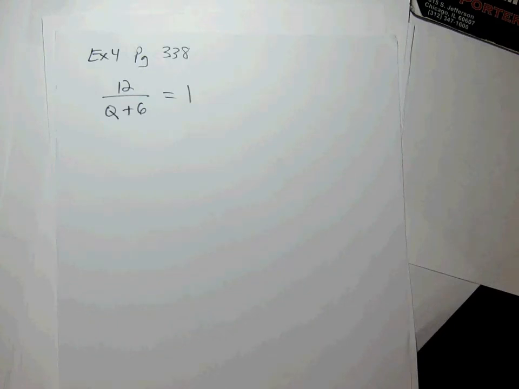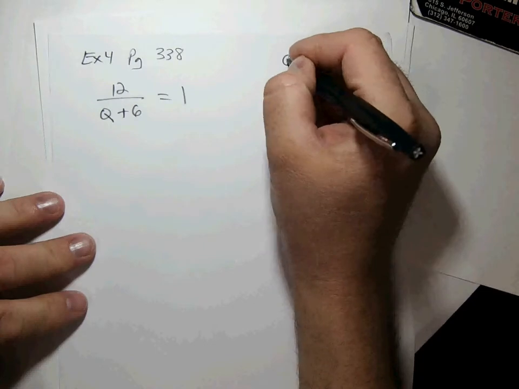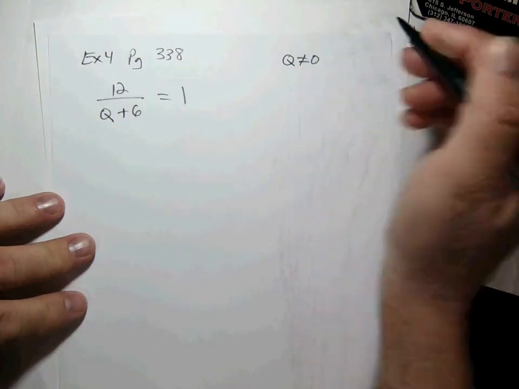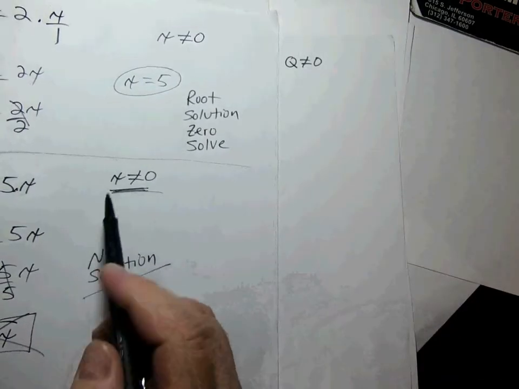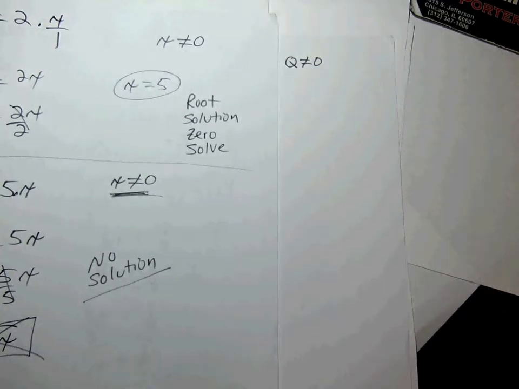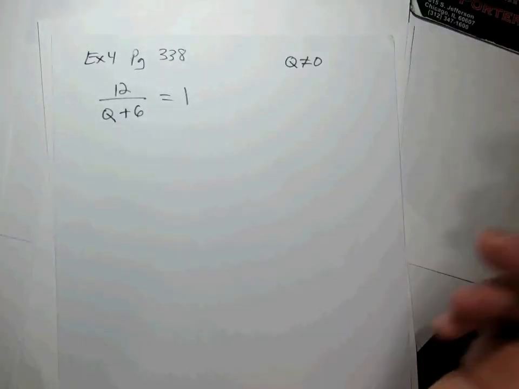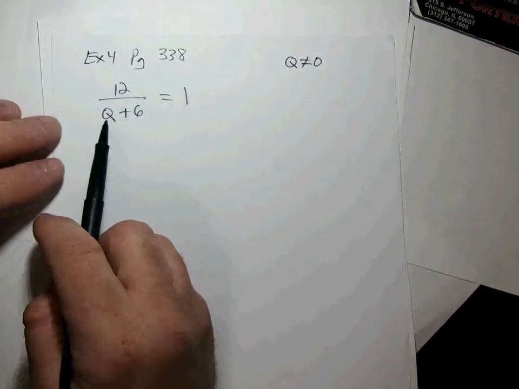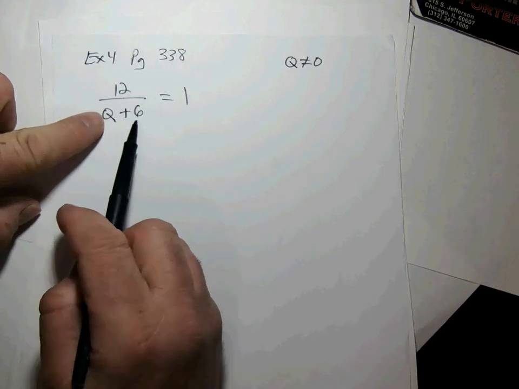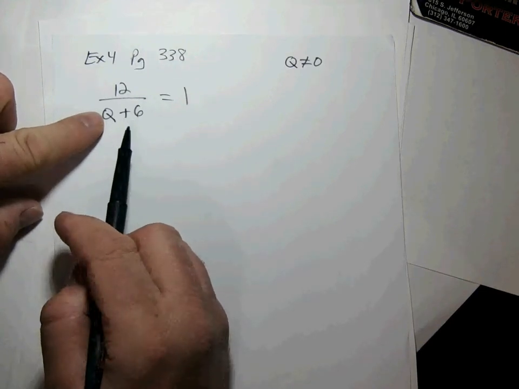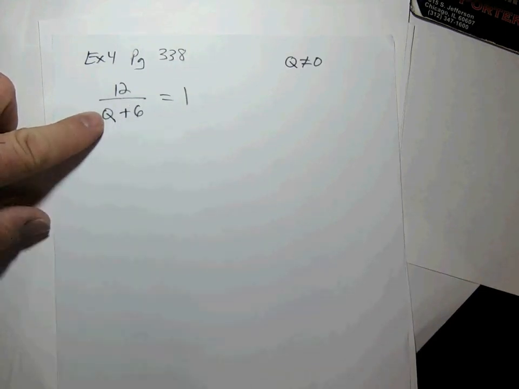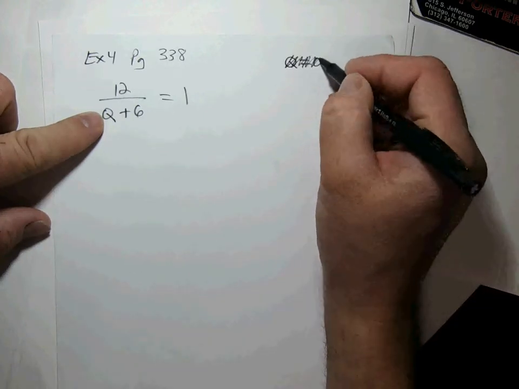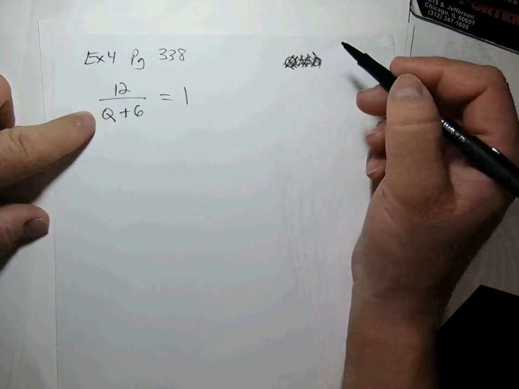Now the quick knee-jerk would be, well, q is not allowed to be 0, because that's what I did on the last two problems. X is not allowed to be 0, X is not allowed to be 0, so my reflex would be to say q is not allowed to be 0. But that's not correct, because if q was 0, I would still have a 6 down here, and that would be fine. 12 divided by 6 would be fine. So 0 is not a problem in this case, but what is a problem?